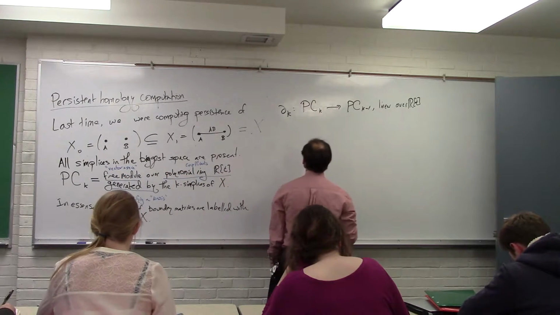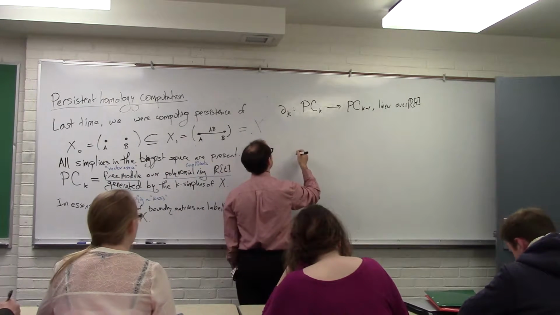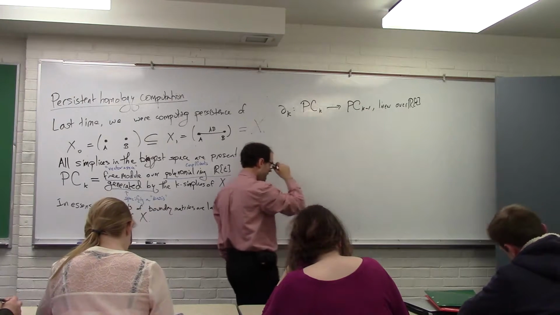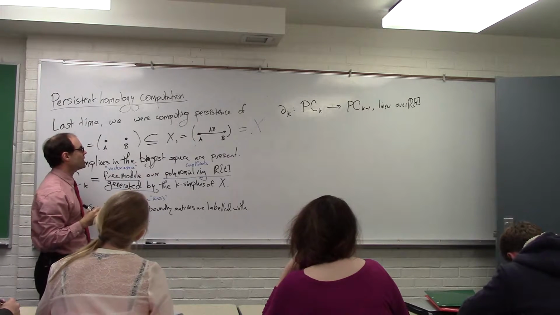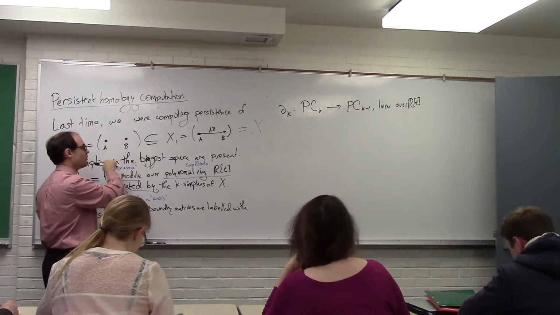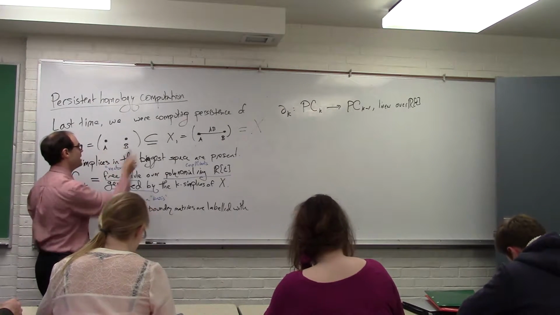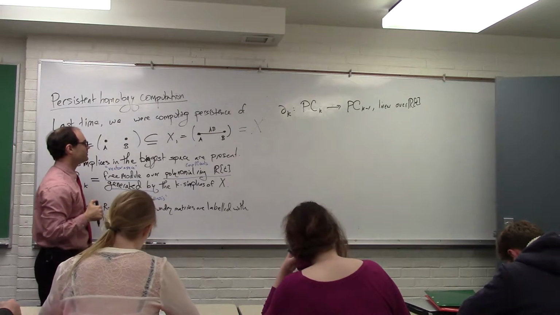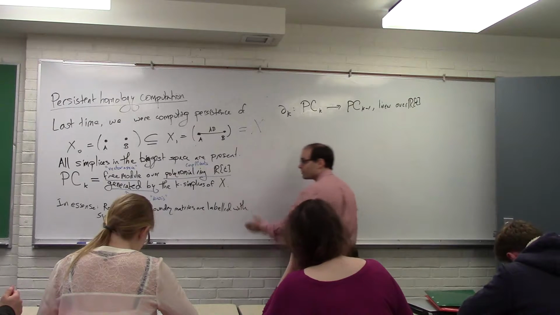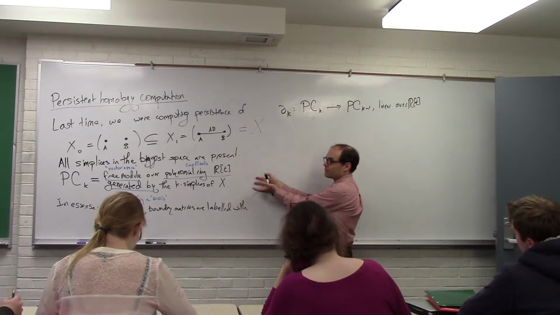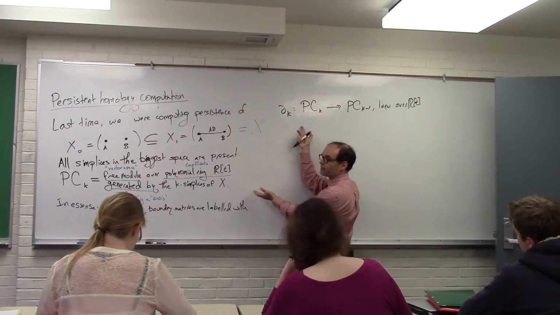And here's how this goes. I need to keep track of the birth times, rather, not death times, the birth times of each of these simplices showing up. And what the boundary matrix is going to do is, look, I haven't put the filtration in here, so it's got to show up here.